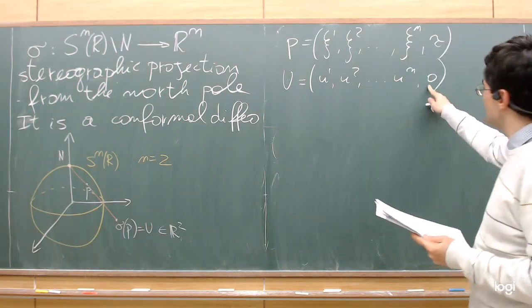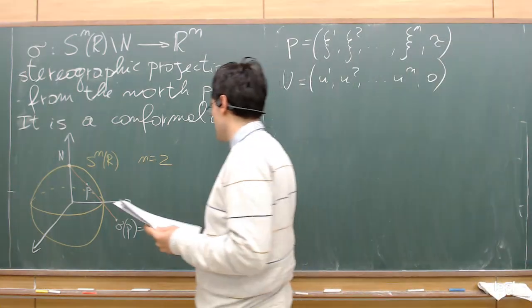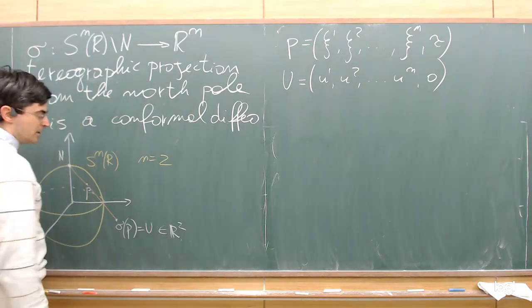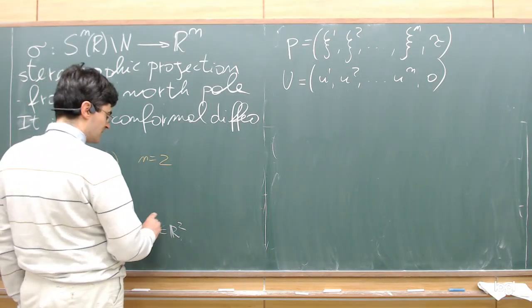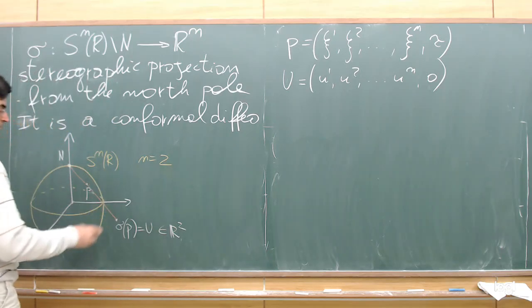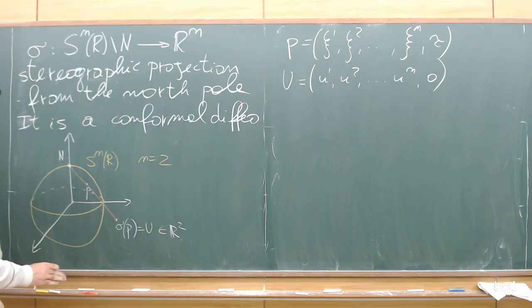The reason why there is a 0 here is that this point can be seen as a point of R3 also, because the ambient manifold is R3.